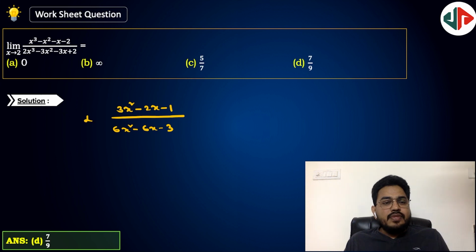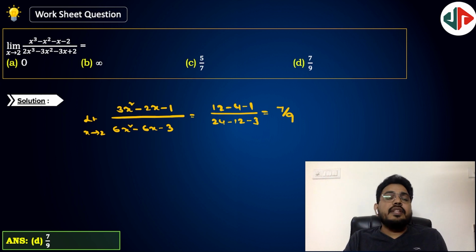Now substitute x equal to 2: 12 minus 4 minus 1 by 24 minus 12 minus 3, which is equal to 7 by 9. So very simple, go for the L'Hospital.